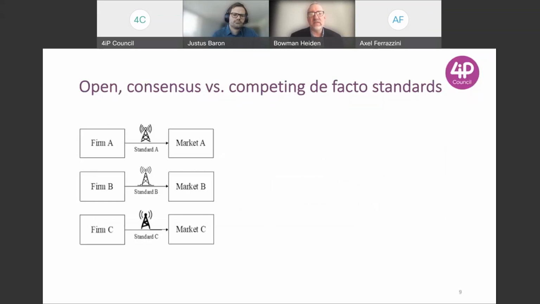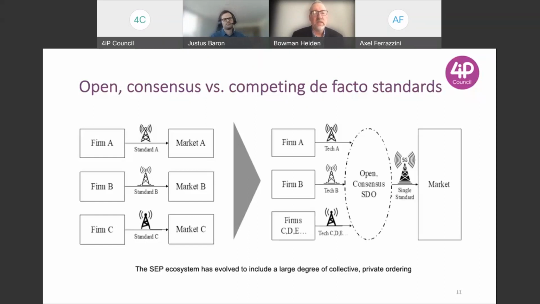So as an example of collective action within the context of SEPs, we have the idea that standard essential patent enabled markets, such as cellular markets, are no longer, as they were in the very beginning, governed by individual firms producing their own standards for specific markets. These actors have evolved over time to include efforts within open consensus-based standard development organizations.